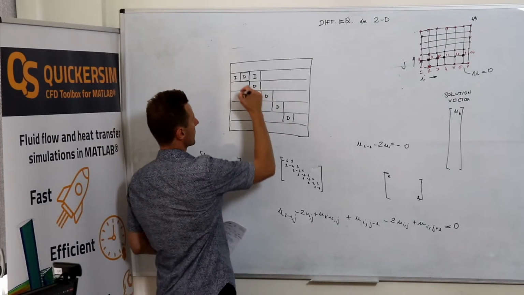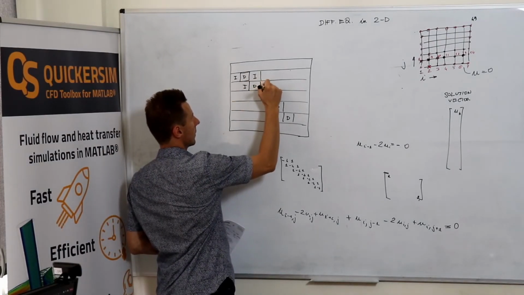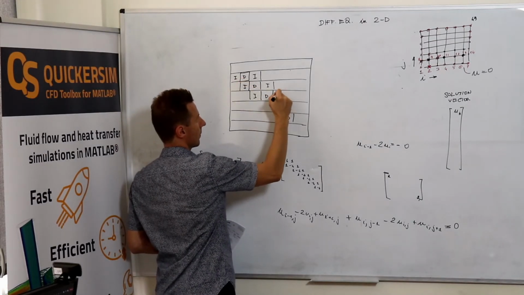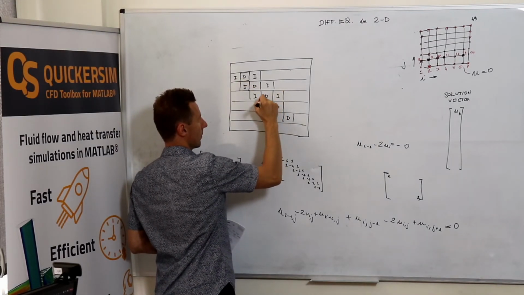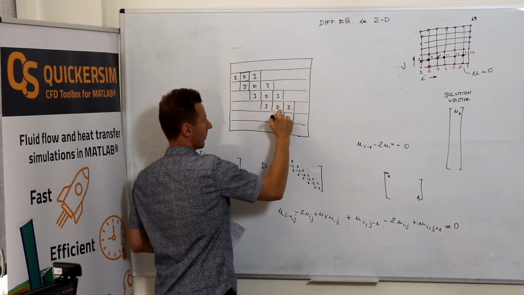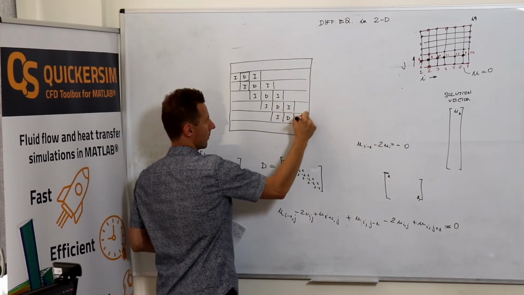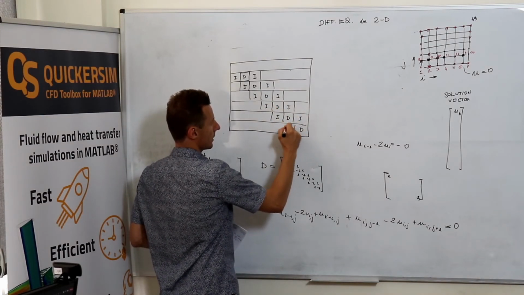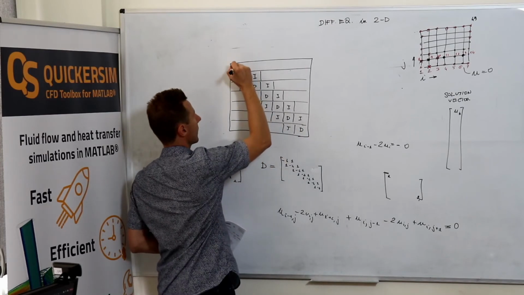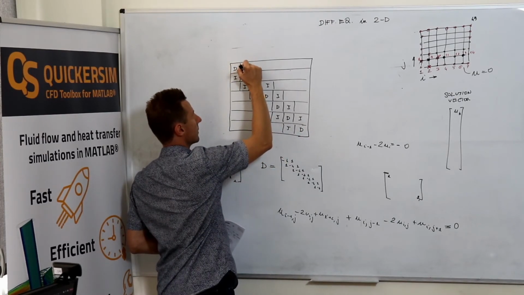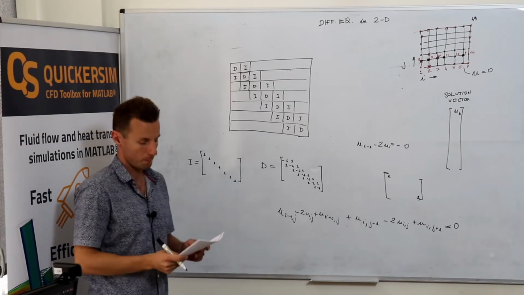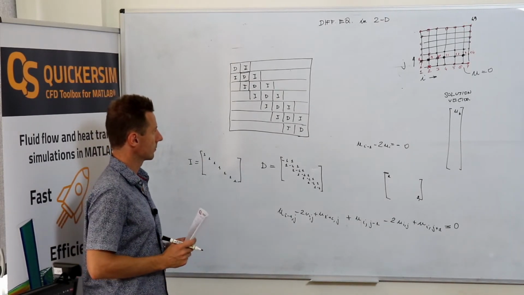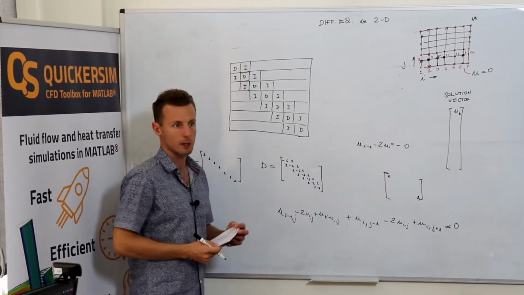Okay, and we need to know what's here. It's D, I, D, I. Is it clear right now?